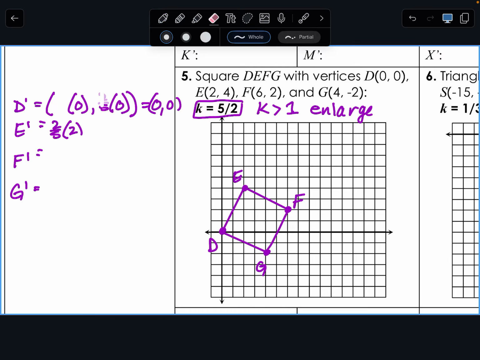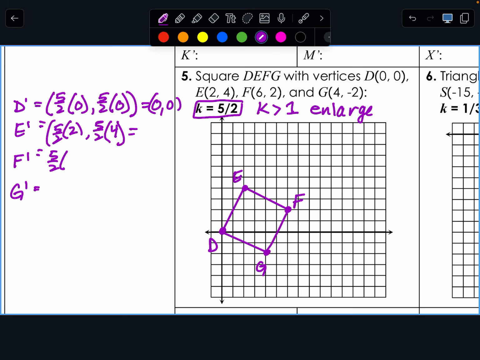Somebody stop me. 5 over 2 times 2. 5 over 2 times 4. 5 over 2 times 6. 5 over 2 times 2. 5 over 2 times 4. 5 over 2 times negative 2.